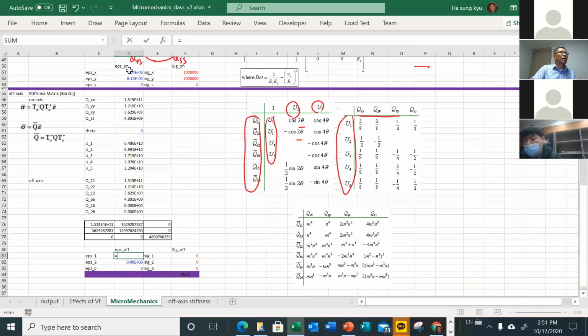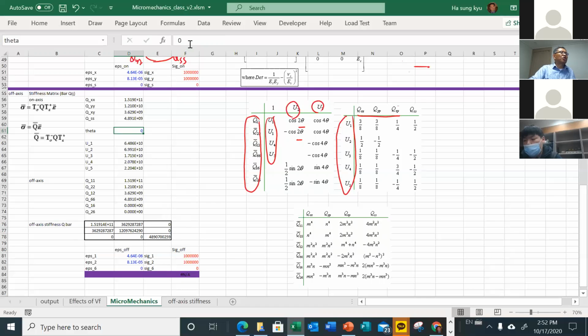Just for confirmation, let's have the same as that one. And obviously this has the same, because this on-axis stiffness, this Q bar, will be exactly the same, just because theta equals 0, right?